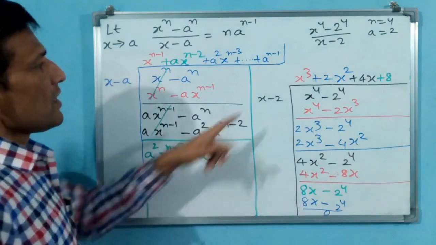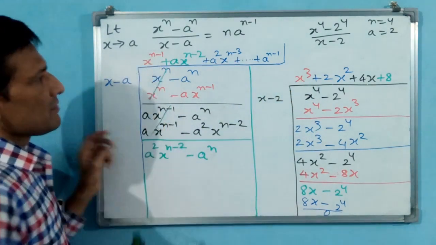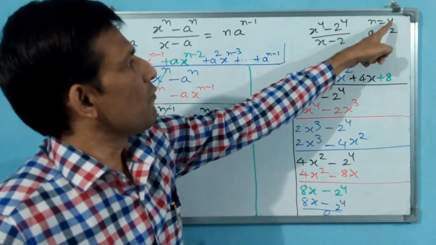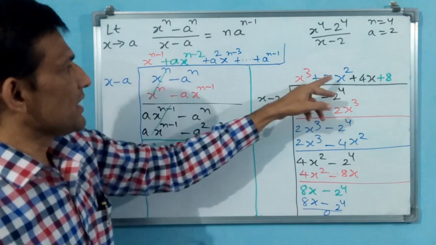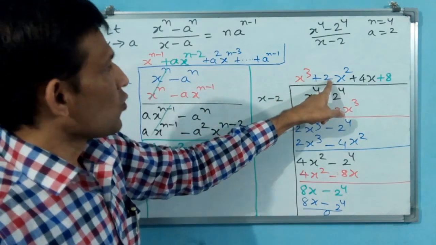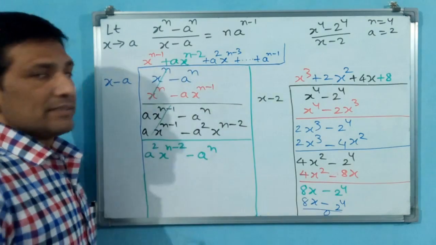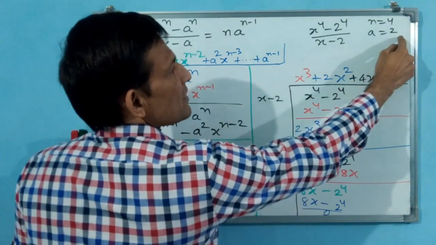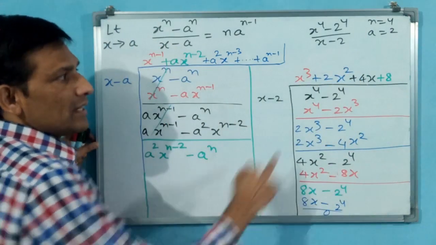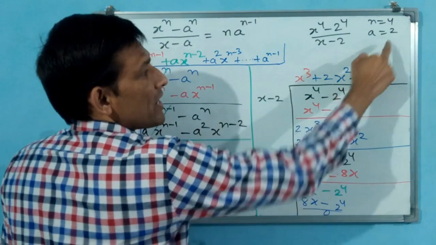Another point: first term is x cube, first term x to the power of n minus 1, x to the power of 4 minus 1, 3. First term matched. Second term, 2, a matched. X to the power of n minus 2, x to the power of 4 minus 2, 2 matched. Third term, plus 4, a square.